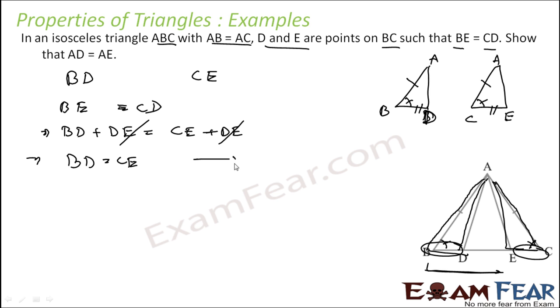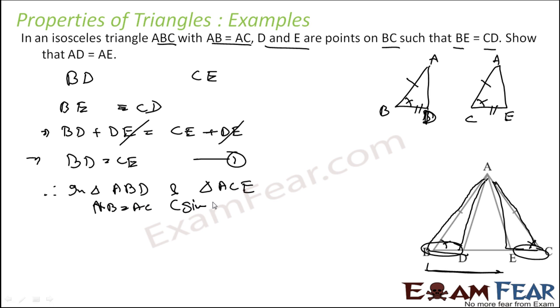So BD is equal to CE. Now we can actually prove the triangles to be congruent, right? We can write that in triangle ABD and triangle ACE, we are using side angle side. AB is equal to AC, that is given. Angle ABD is equal to angle ACE, that is also given.